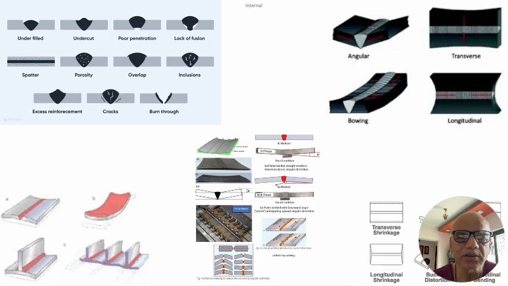There are mainly three types of defects which we see. The defects which originate because of the setup. If the setups are not done to perfection, we are seeing root gap, root face, included angle, mismatch, and so many other possibilities by which there could be a defect because of the imperfection in the setup.